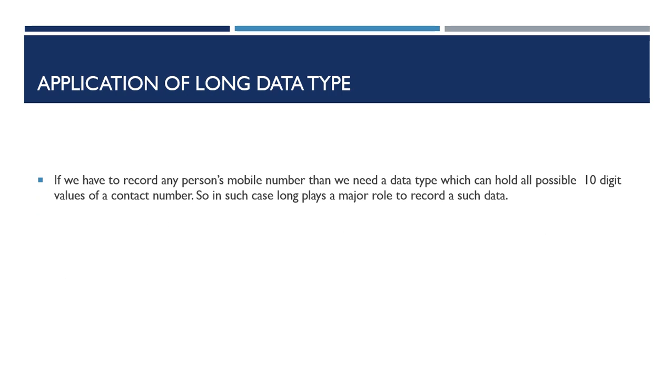If I want to search my number, and it is in integer form, it will be searchable faster than if it is in the format of strings, because integers are faster to search than strings. So I would like to remind you that whenever we have to represent any value like a person's phone number, try to save it in numerical form, because numerical values are searchable faster than strings.